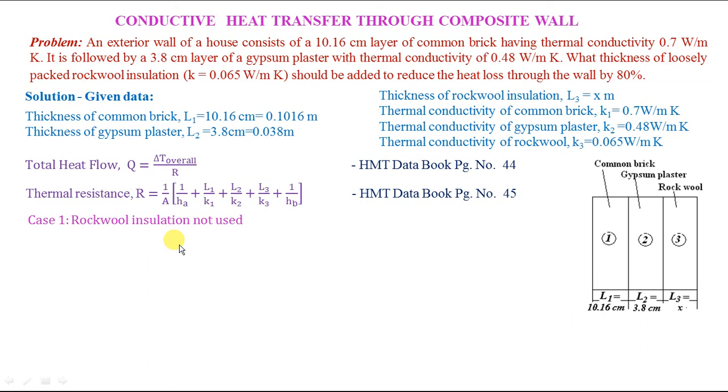In the first case, that is rock wool insulation is not used, the equation will be Q1 is equal to delta T overall divided by 1 by A into 1 by HA plus L1 by K1 plus L2 by K2 plus L3 by K3 plus 1 by HB.